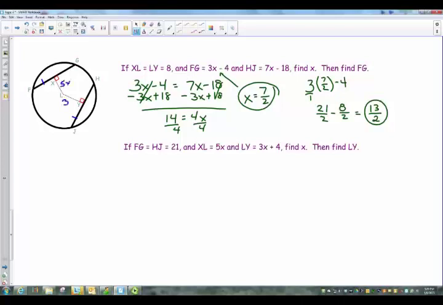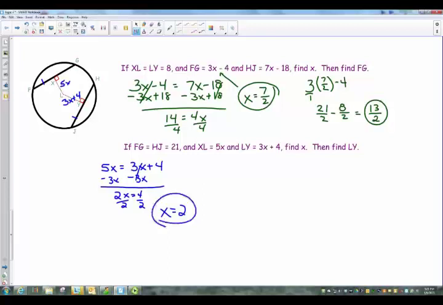LY is 3x plus 4. We want to know what's x, and then what is LY. Well, because of this, those have to be congruent. So 5x is equal to 3x plus 4. We solve. So subtract 3x. You get 2x equals 4, which means after you divide, x is 2.